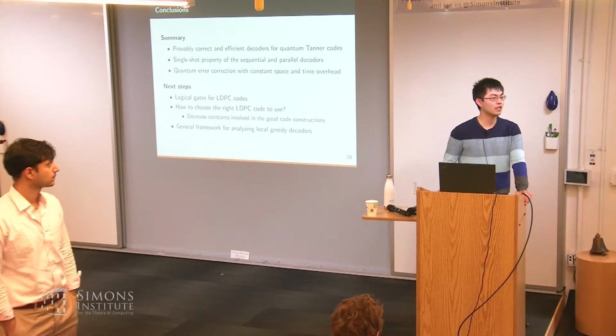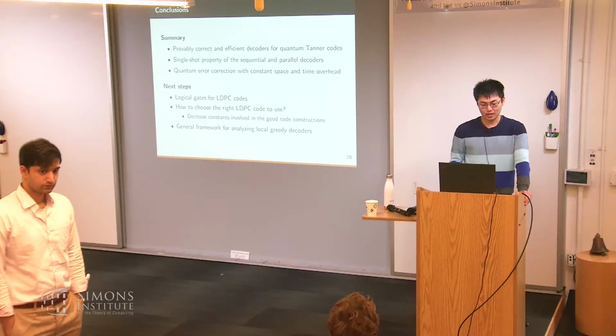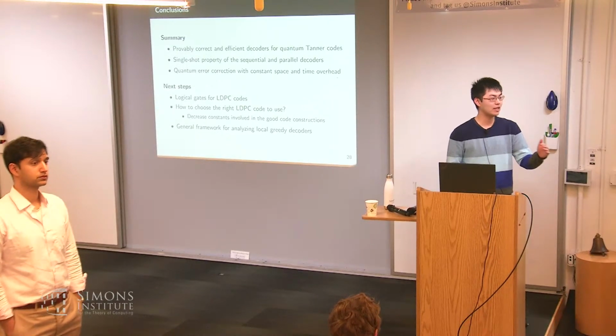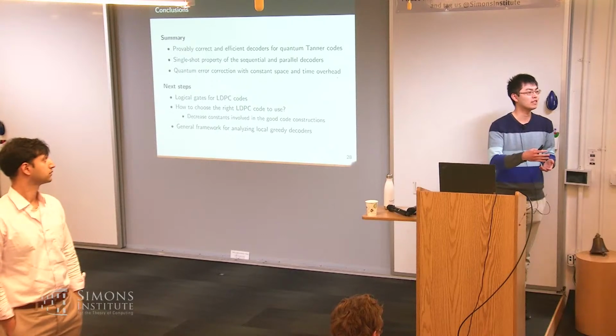Yeah, that's possible. One thing you can do is you might not have to literally repeat the measurements, but you could have some small classical code on top of the measurements.